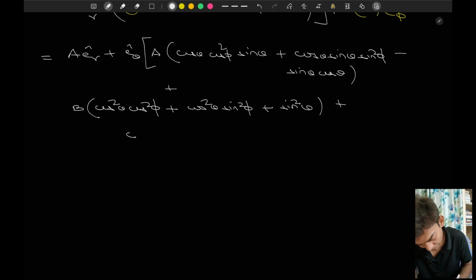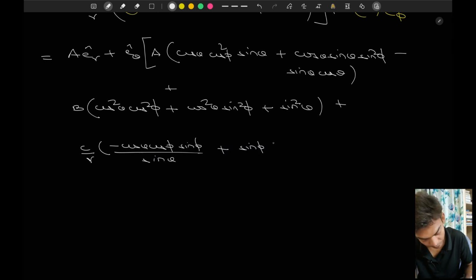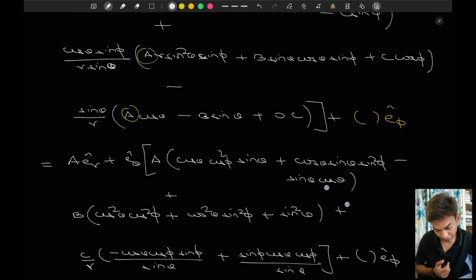And the c term will give you, c by r will give you minus cos theta cos phi sine phi divided by sine theta plus sine phi cos theta cos phi divided by sine theta, and plus we have an extra term, which is this one. So let me verify this.